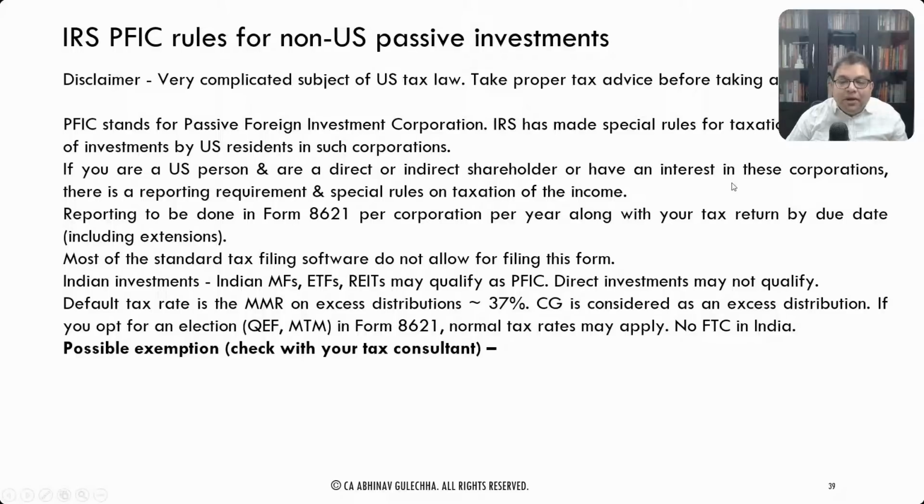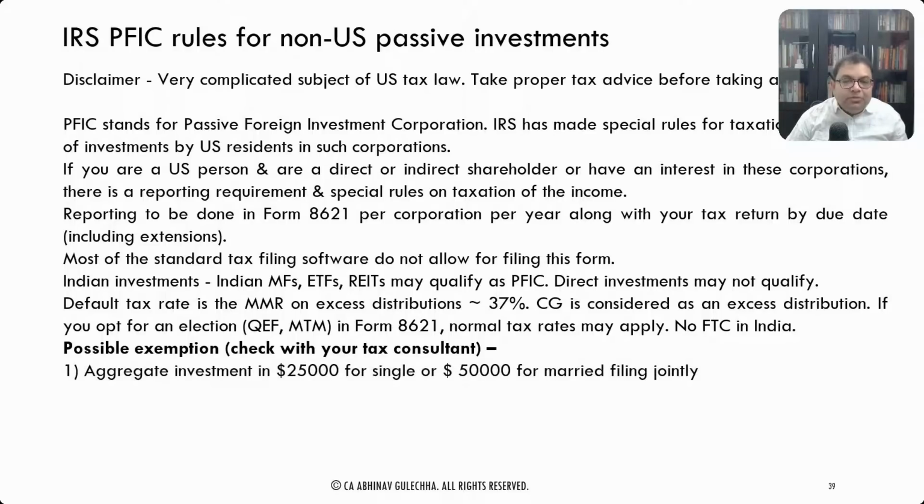Okay. Now, possible exemption. Please check with a tax consultant on this particular thing. There is a possible exemption. If you see the provisions of the instructions on Form 8621, it specifically excludes aggregate investment of 25,000 for a single or 50,000 for married filing jointly.